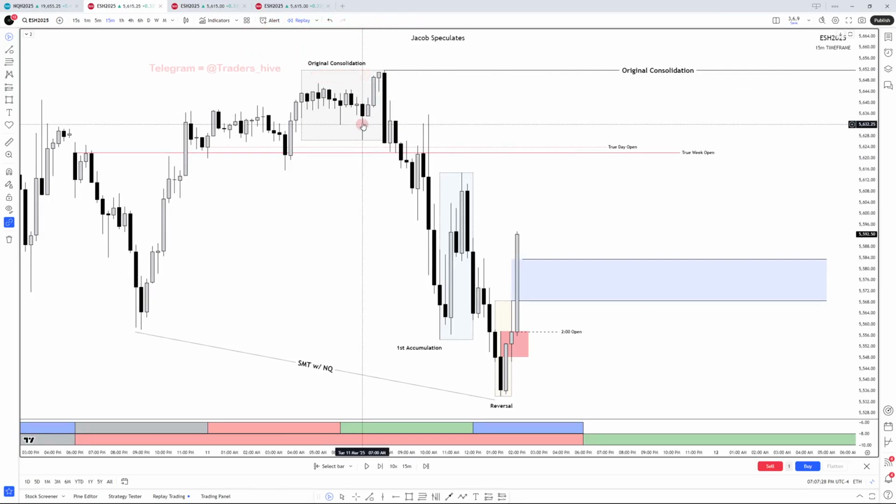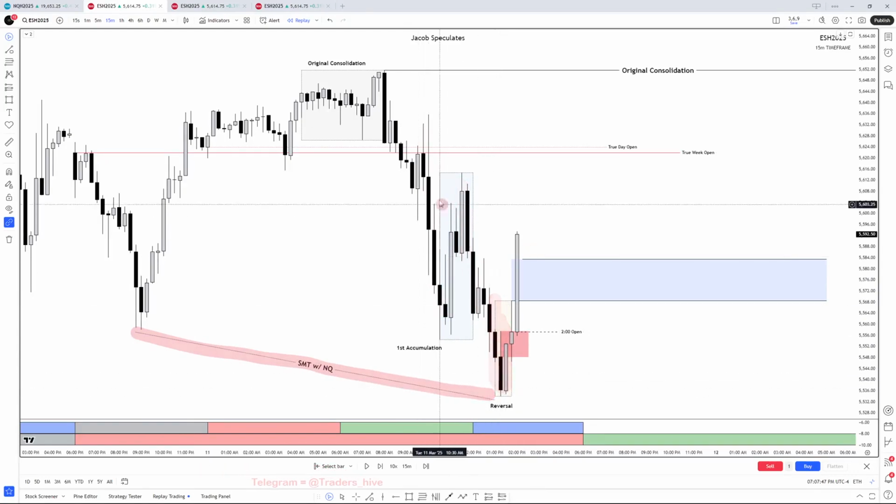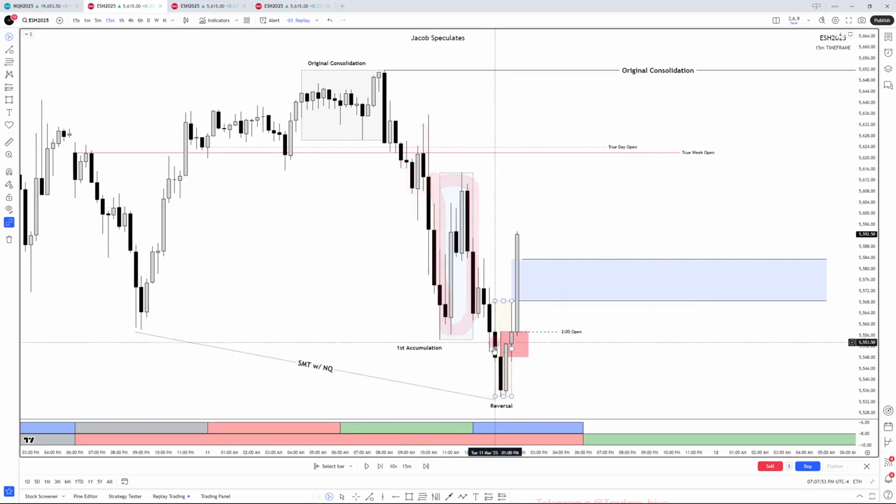This is the interactive part. Exactly, the original consolidation. Price breaks lower, trades higher one more time into the original consolidation again, breaks lower, trades higher one more time, breaks lower again, and then forms a TPD after a sequential SMT formed. Whenever you have two short periods of accumulation like this, always go for the larger one closest to the TPD.